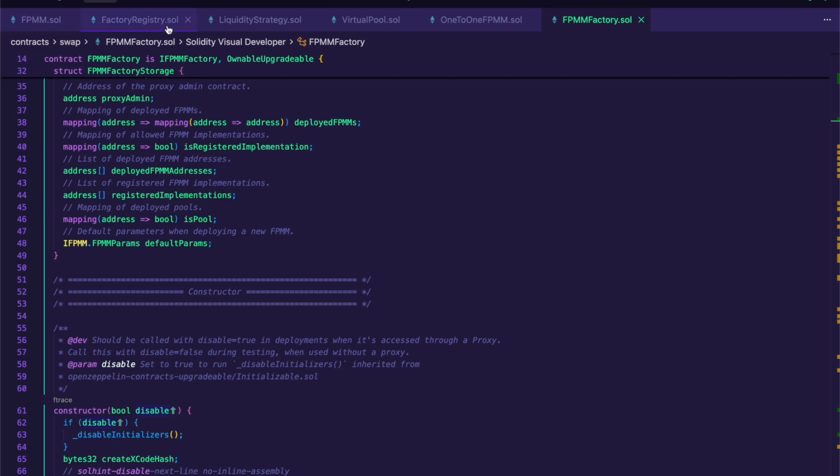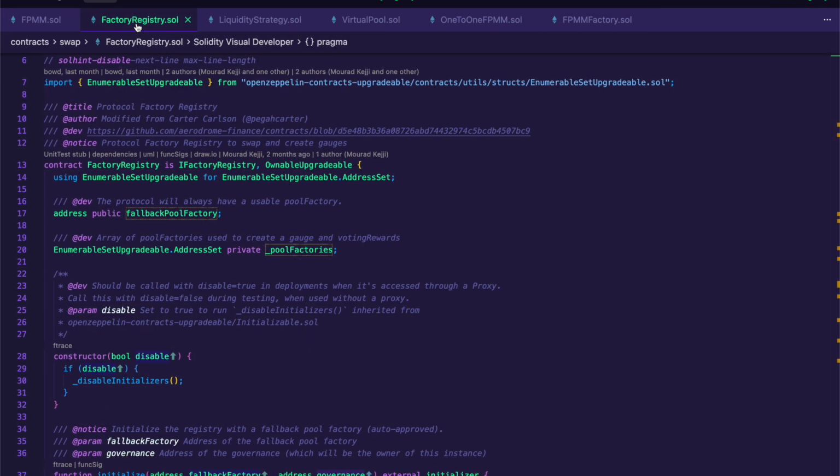We also have a factory registry. This contract manages approved pool factories and is forked and modified from Aerodrome. It is also used in the router to determine which pools are supported in swaps.